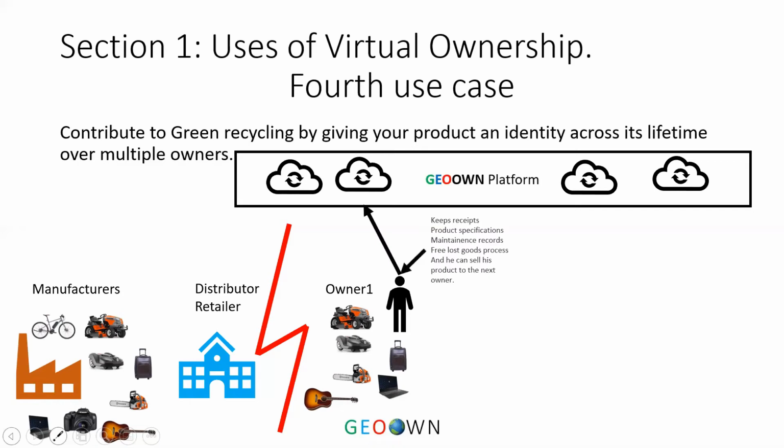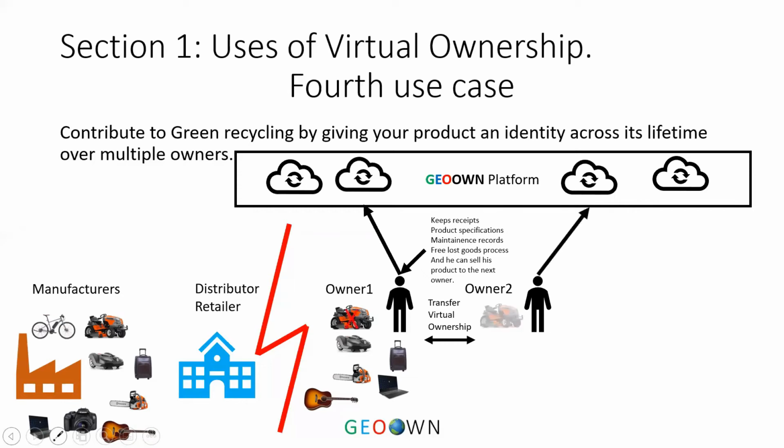He starts to get the benefits like a free global goods return process, product specifications, maintenance records, order spares with one click, and resell the product after he has used it for some duration to the next owner. The first owner can sell the product and transfer virtual ownership to the next owner too.